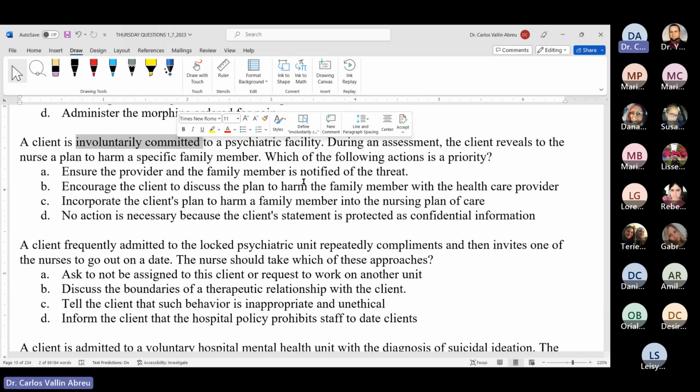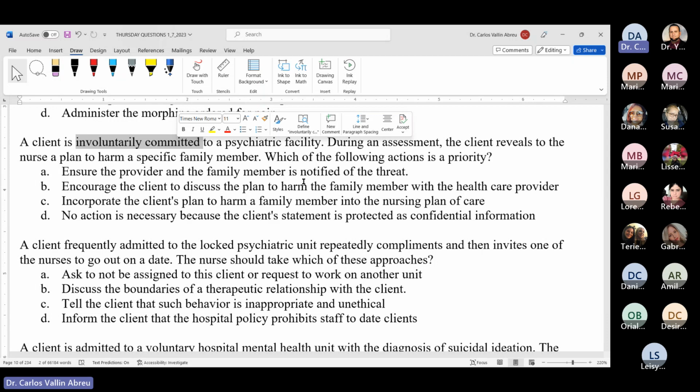Baker Act refers only to this situation in Florida, and the NCLEX is not a state test, it's a national test. So they cannot use Baker Act. The legal term that applies all over the country is involuntary commitment.